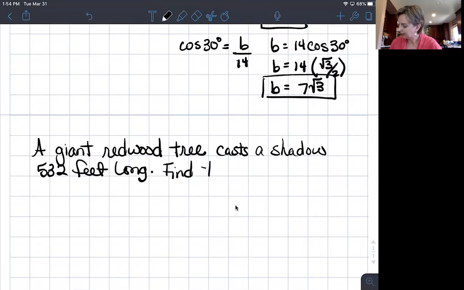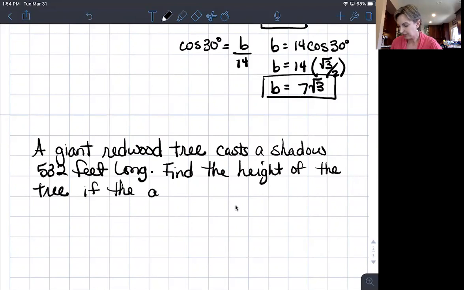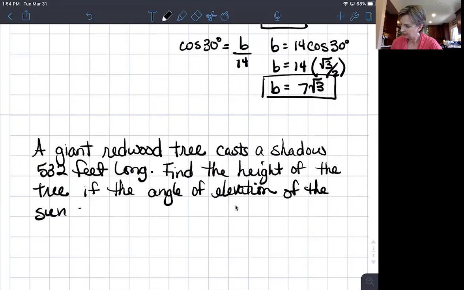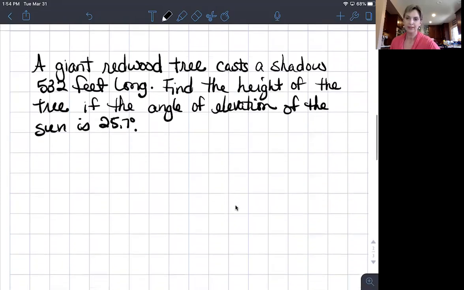And we want to find the height of the tree if the angle of elevation of the sun is 25.7 degrees.